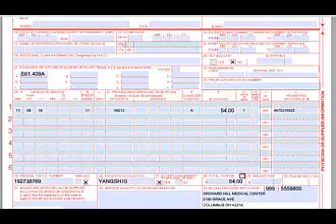And then we put in the clinic's NPI number here in box 33A. And that completes filling out a CMS 1500 form for a patient who has workers' compensation.